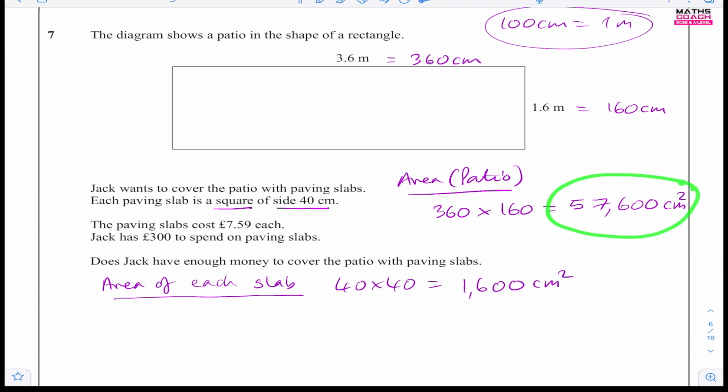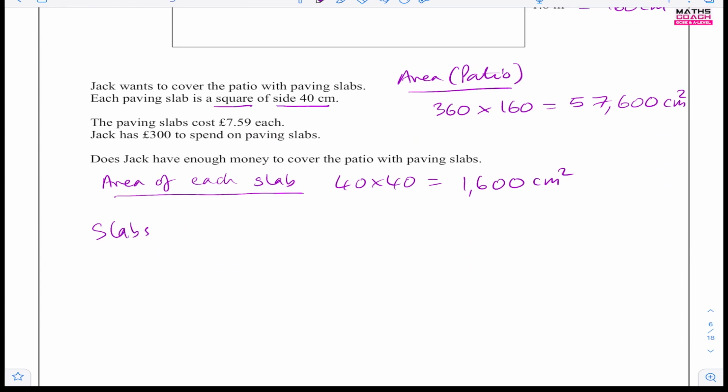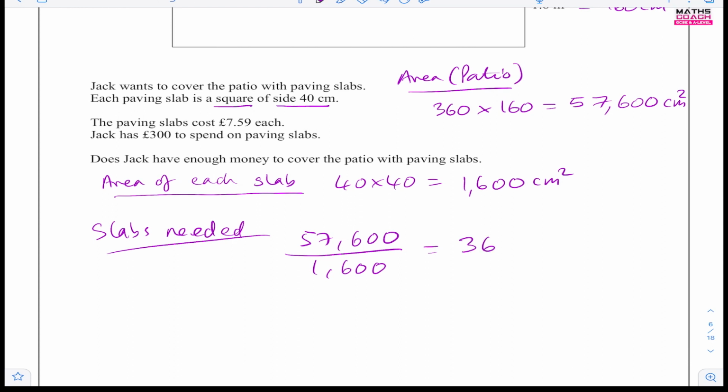So we're going to cover this area, and each paving slab is this area. So the number of slabs we need is going to be 57,600 divided by 1,600. And if you work that out, that gives us 36 slabs required. So each of these slabs costs £7.59 each.